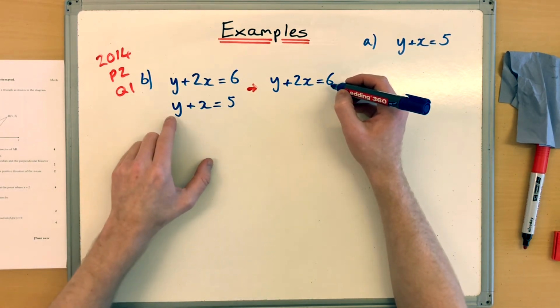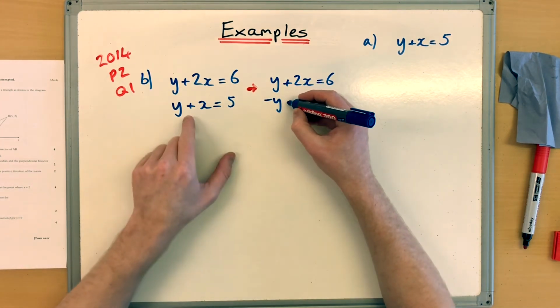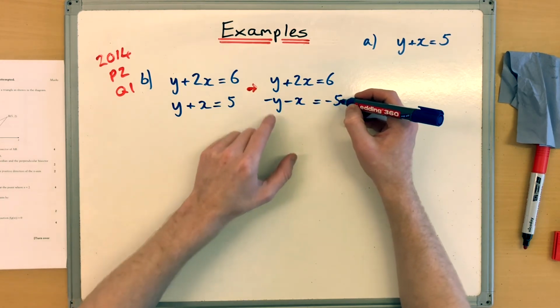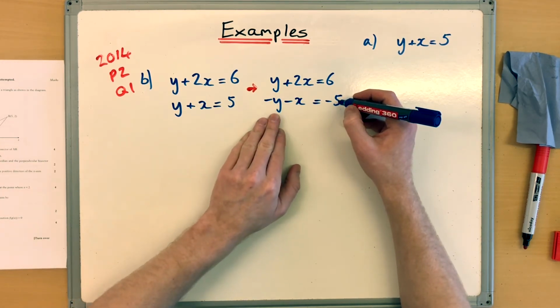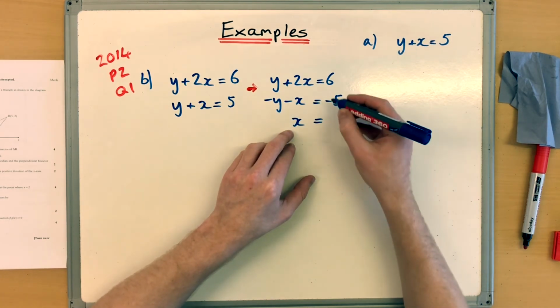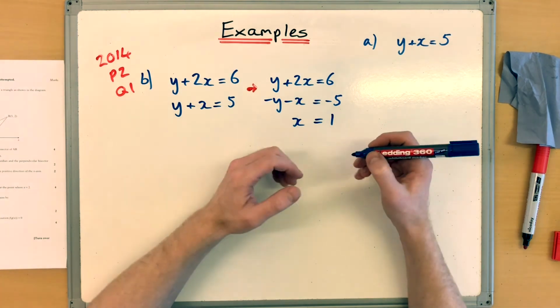And the reason is this will then become -y, which will cancel with this. So when I add these together, they cancel out, leaving me with 0. When these add together, that leaves me with a single x. And when these add together, that gives me 1. So I found my x coordinate or my x solution.